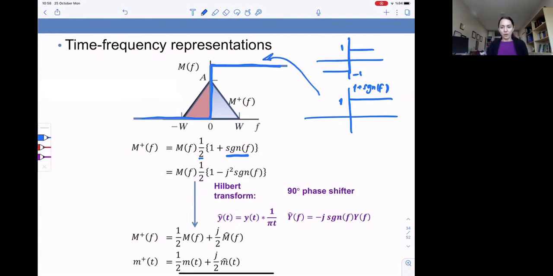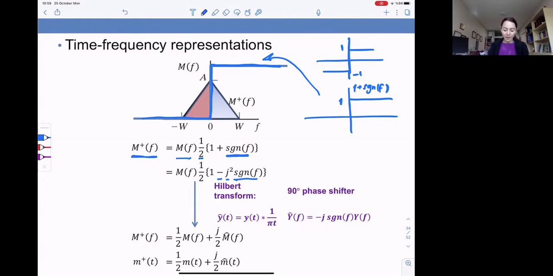Okay. So let's call this the positive pre-envelope of this. It's not called pre, let's call it M plus. Okay, M plus is M of F times 1/2 (1 plus signum F). Now I can always write the signum function as -j² times signum of F, right? Because -j² is 1.